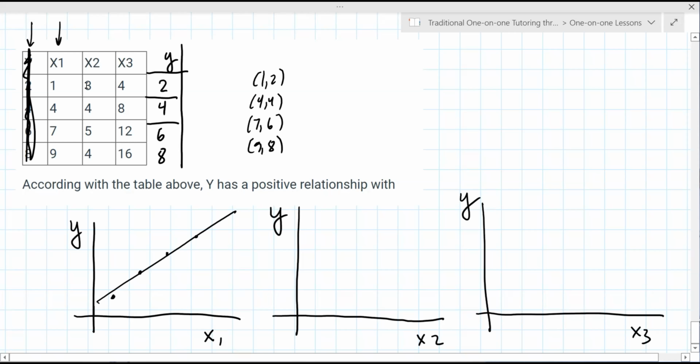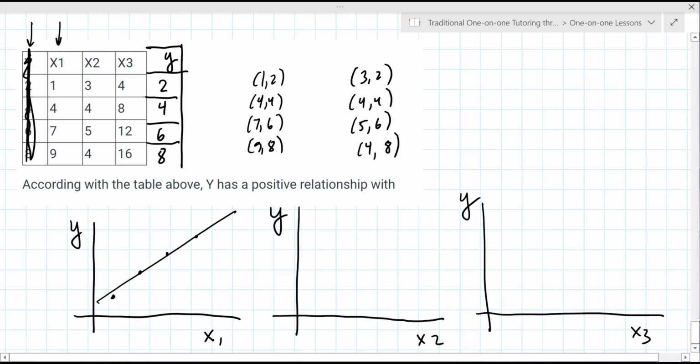All right, so the next one here. The key to knowing these is that the y value is the second value in the ordered pair. For the next one here, your ordered pairs are (3, 2), (4, 4), (5, 6), and (4, 8).